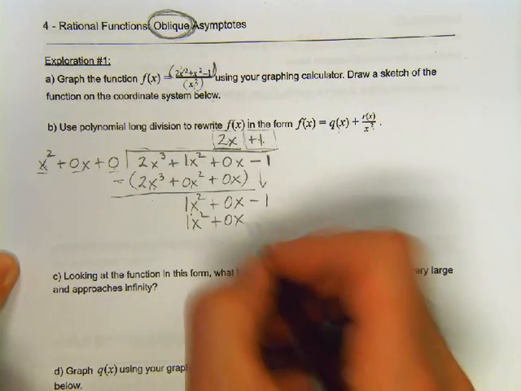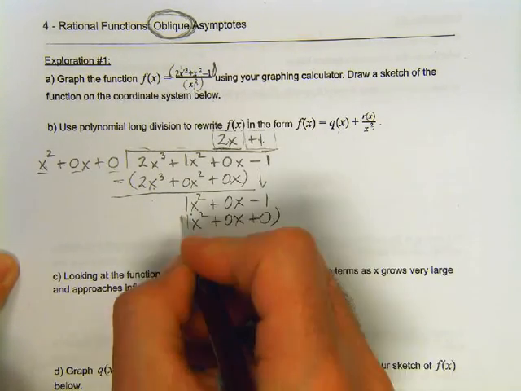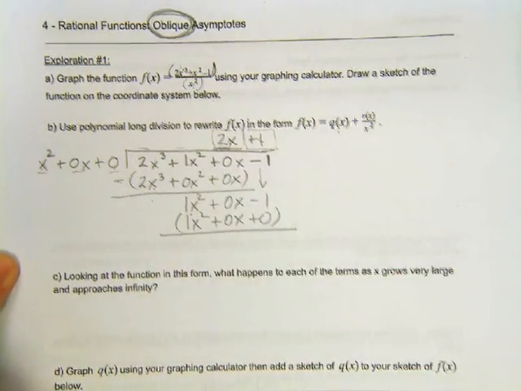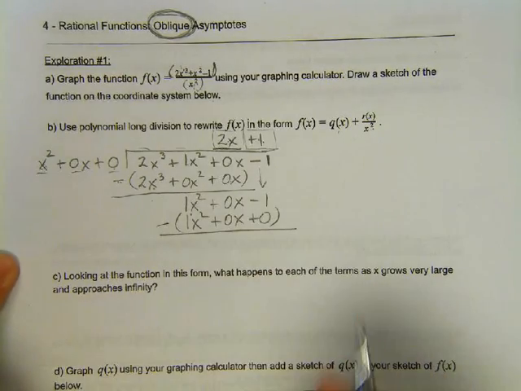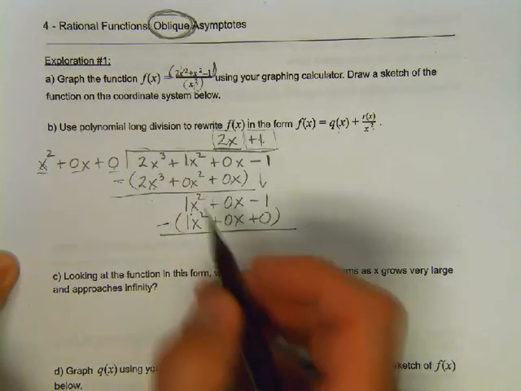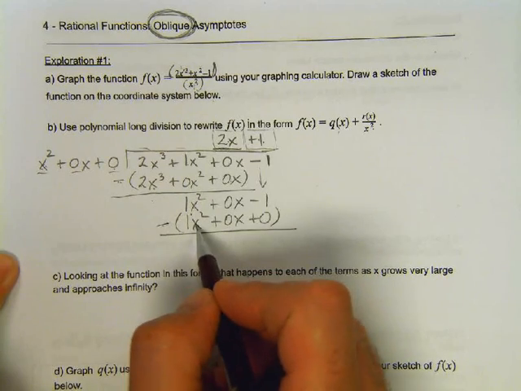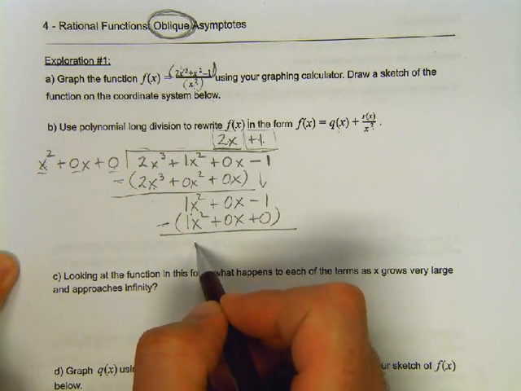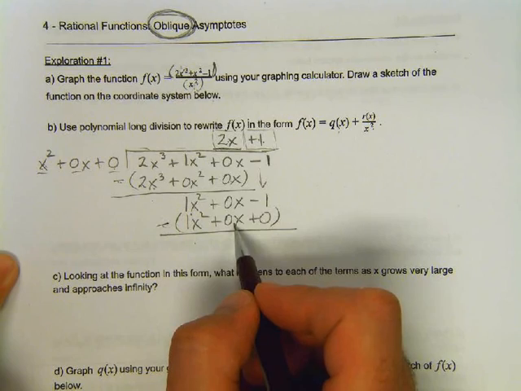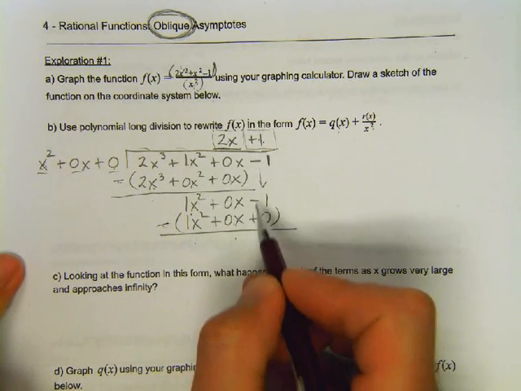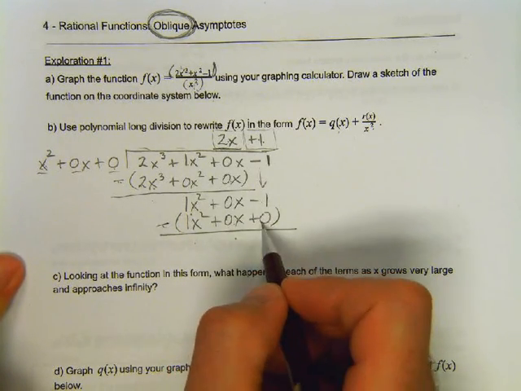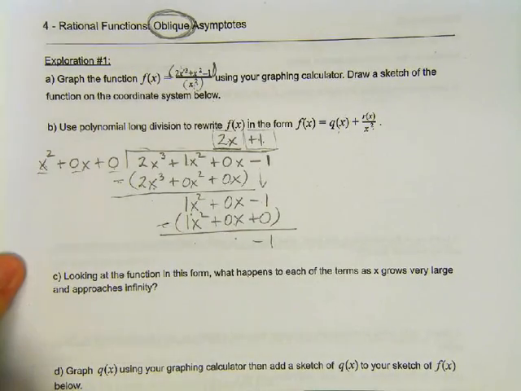And 1 times 0 is 0. Put it in parentheses and subtract. 1x squared minus 1x squared is 0. 0x minus 0x is 0. And negative 1 minus 0 is negative 1.